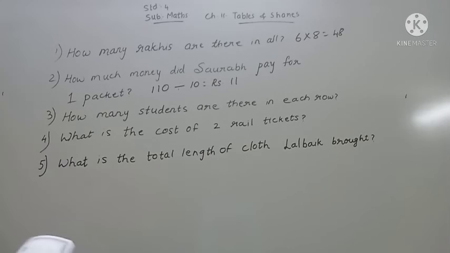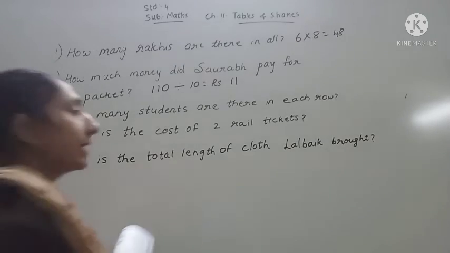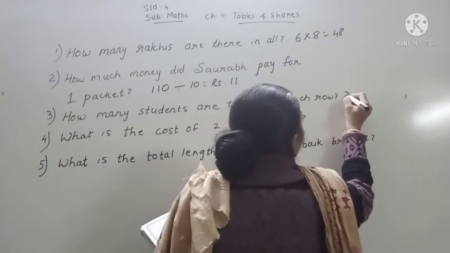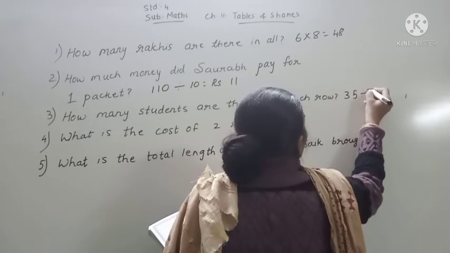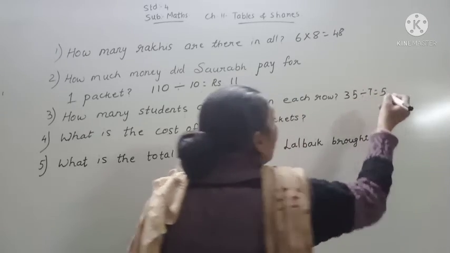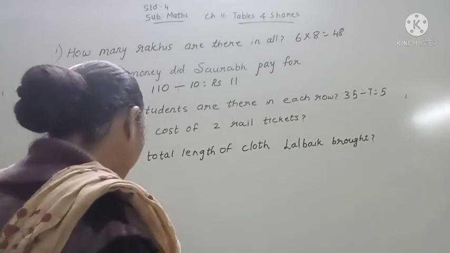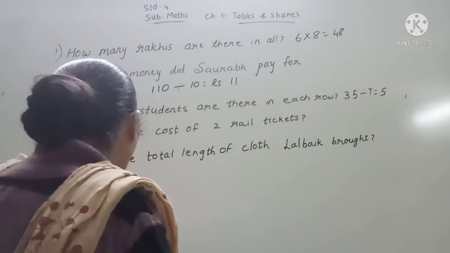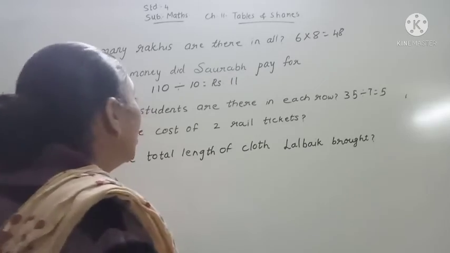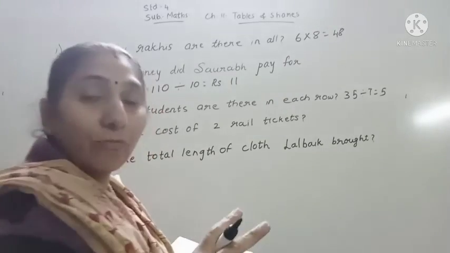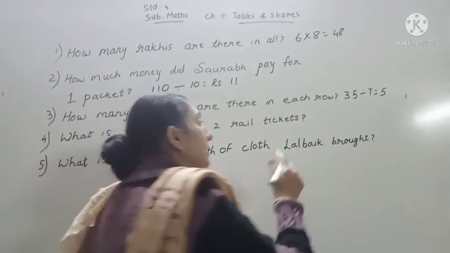Then the next, how many students are there in each row? So 35 divided by 7 is equal to 5. 5 students are there in each row. Then next, what is the cost of 2 rail tickets? We have to find the cost of 2 rail tickets.